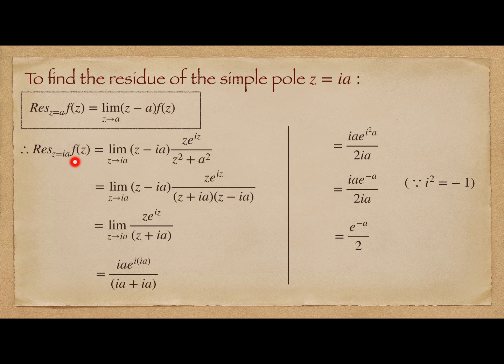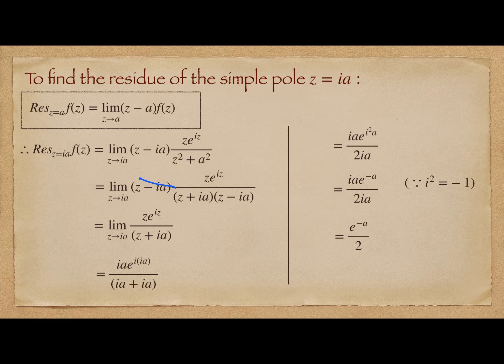So residue at z equals ia of f of z equals limit z tends to ia of z minus ia into f of z, where f of z is z e power iz by z square plus a square, which we took. Now we need to expand this z square plus a square. So z square plus a square is z plus ia into z minus ia. So cancel this z minus ia, which leaves z e power iz by z plus ia.